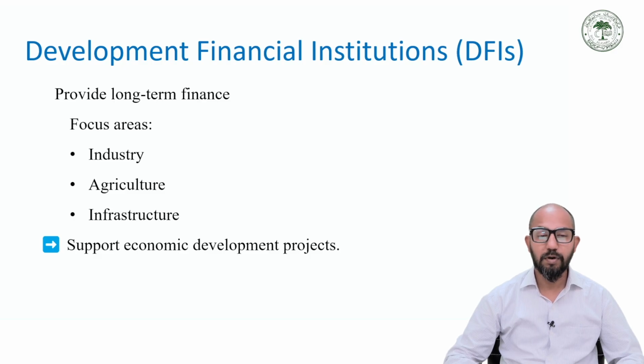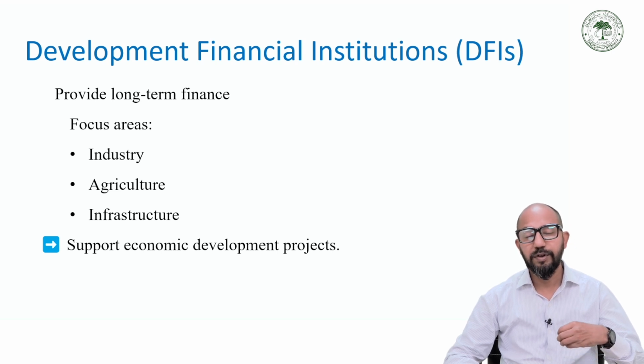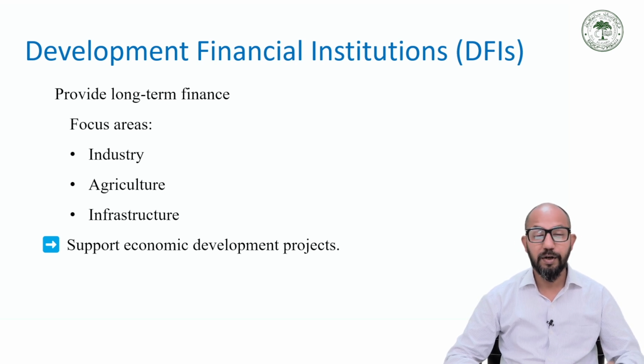Let us now talk about another type of entity, development financial institutions. Development financial institutions provide long-term finance. They are there for the development of the country and their funding will only come where there is some kind of development.